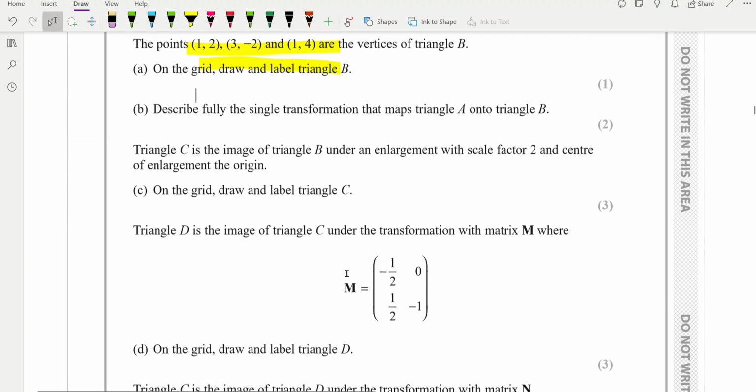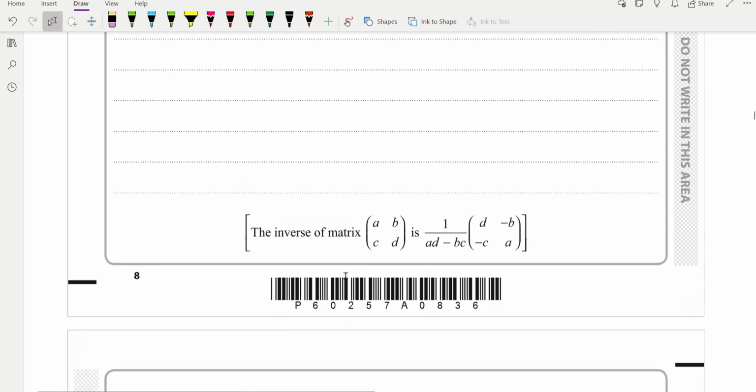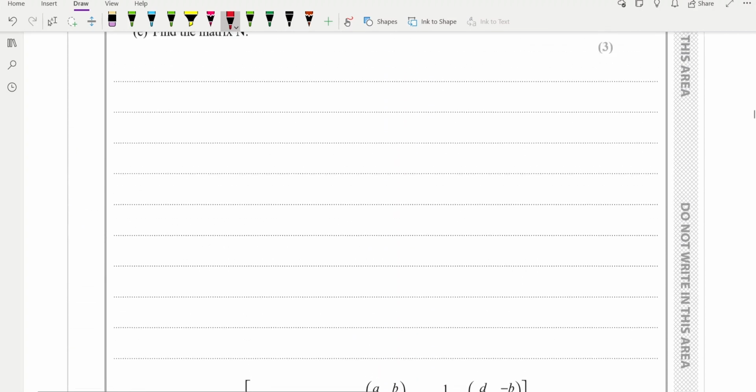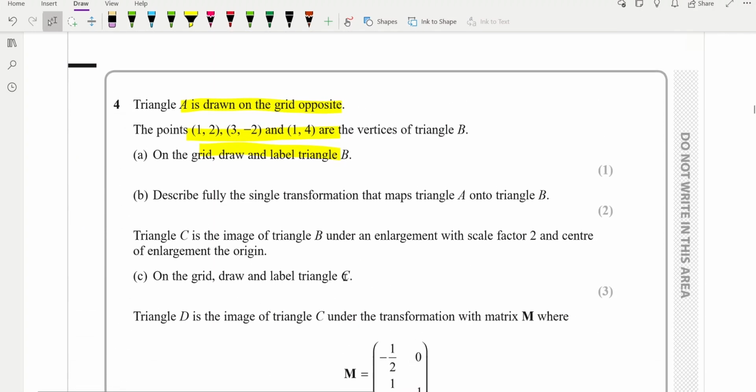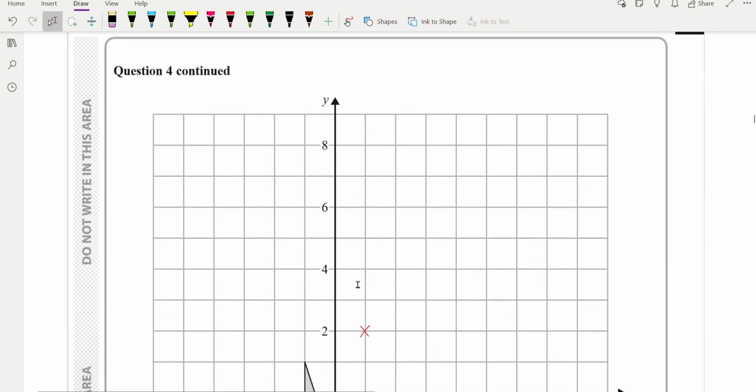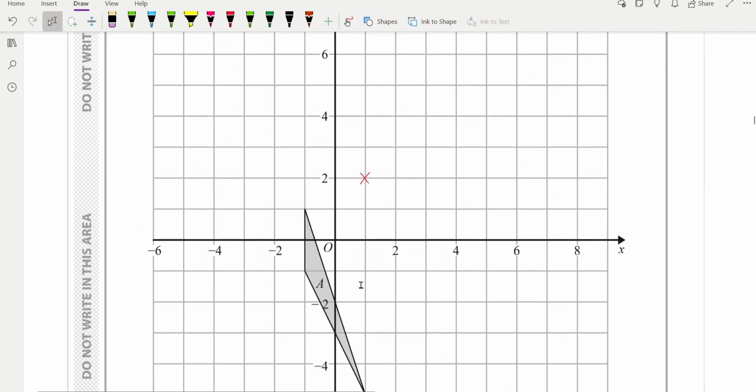The first point is 1, 2. So 1, 2 will be this one, and the second point is 3, minus 2. 3, and minus 2 will be this one, and 1, 4 will be this one.